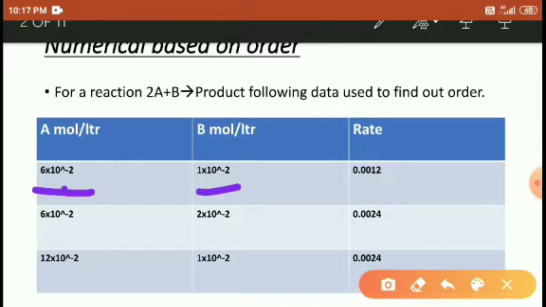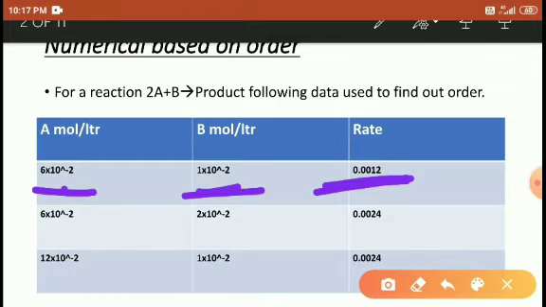Then the rate is 0.0012 meter per second, or meter per minute, etc.